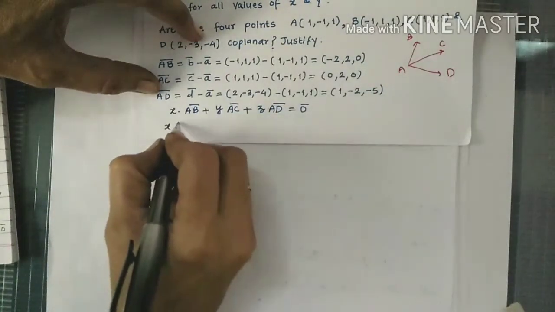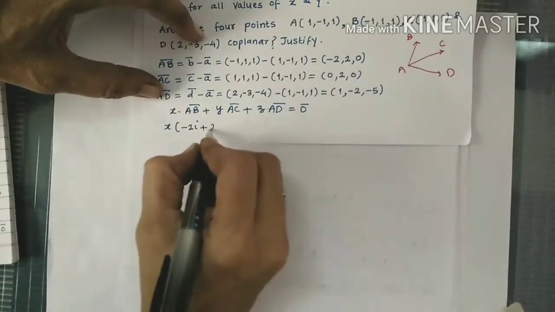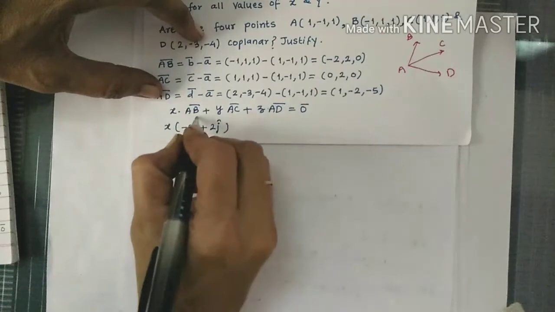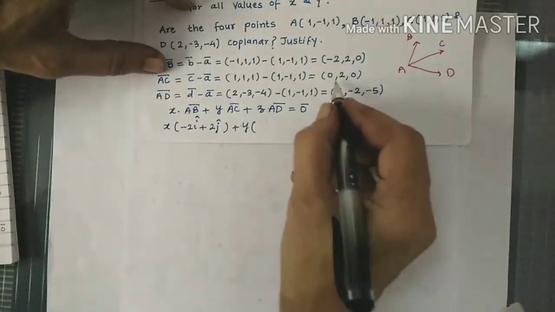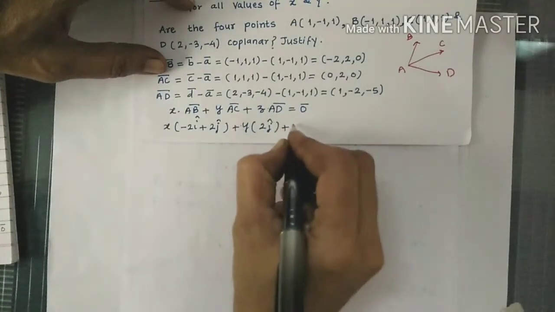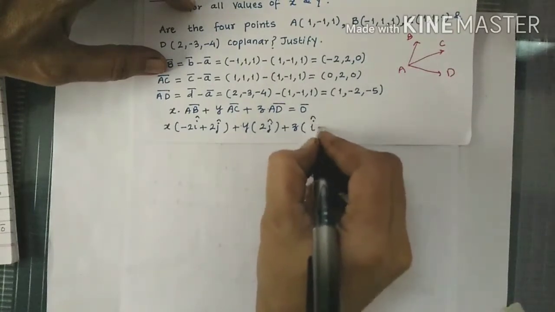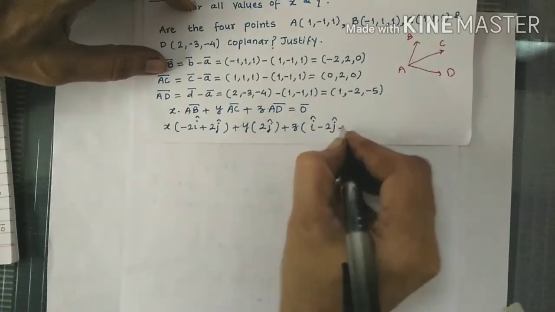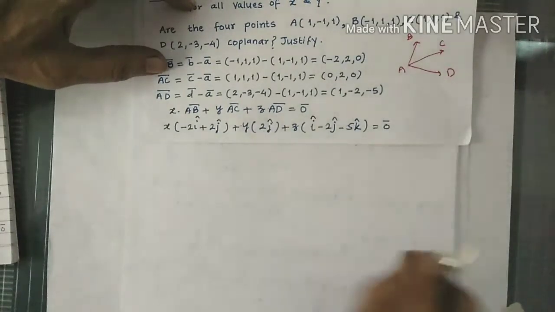So x into AB bar is minus 2i plus 2j cap, plus y into AC bar, AC bar is only 2j cap, plus z AD bar, which is i minus 2j minus 5k, equal to 0 bar.